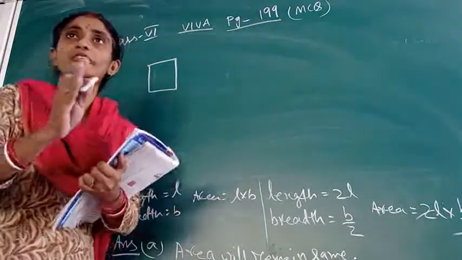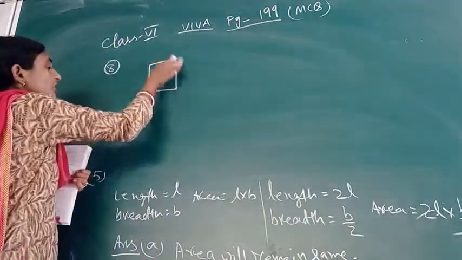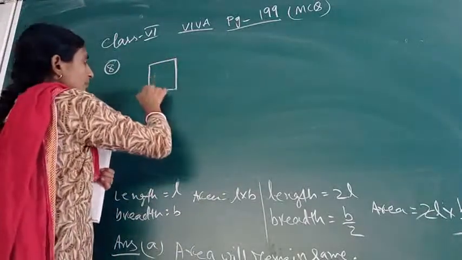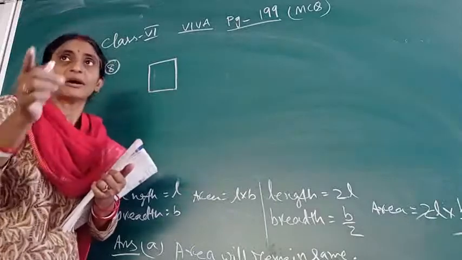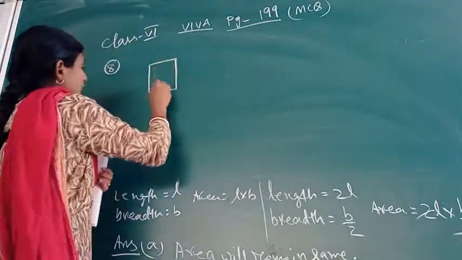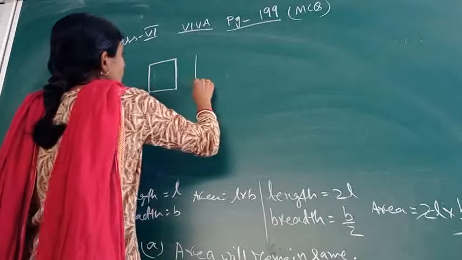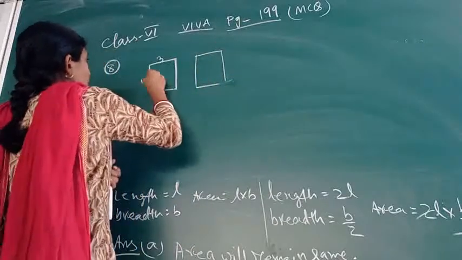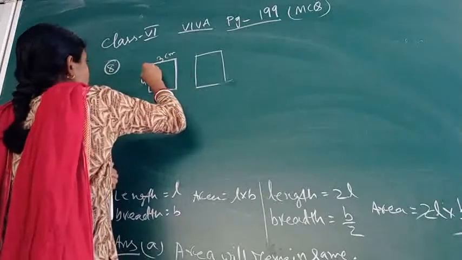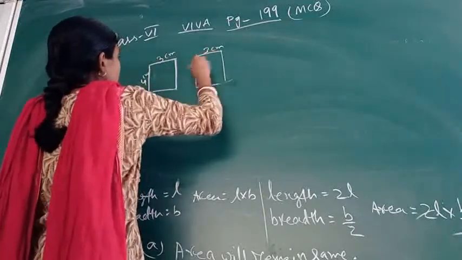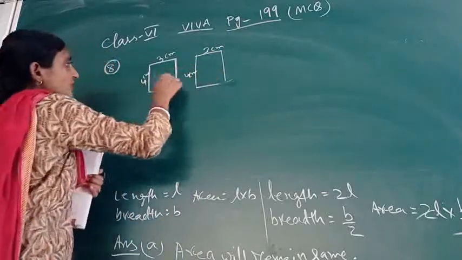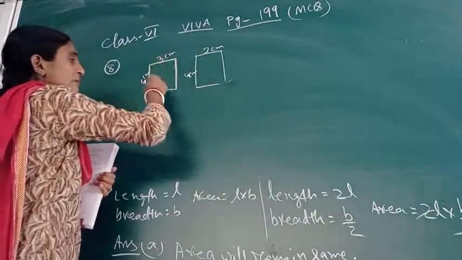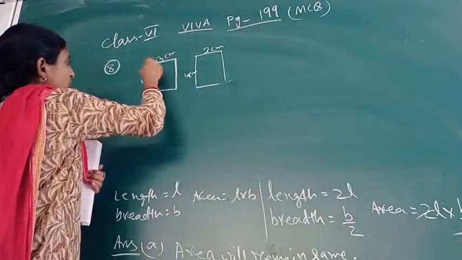Coincide means cover. So when it covers completely, you can see they have the same perimeter and the same area. Here I have taken two rectangles of 3 centimeter into 4 centimeter each.